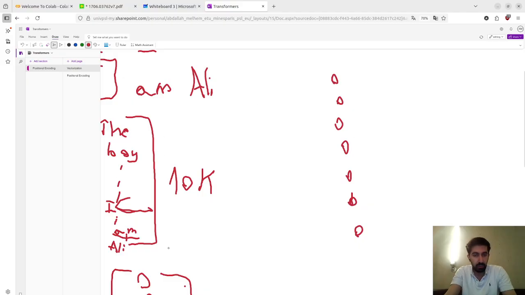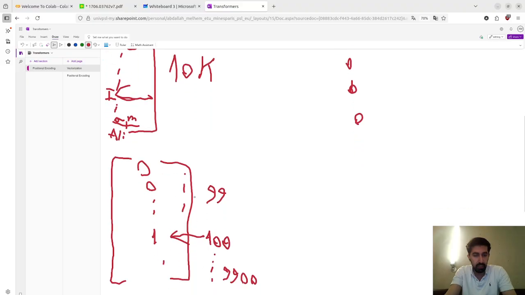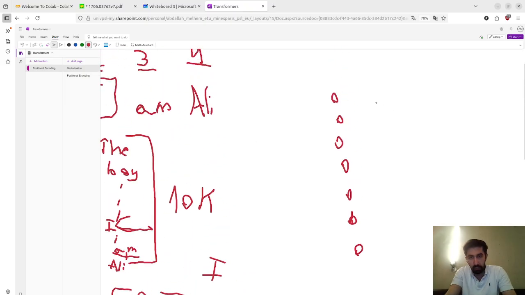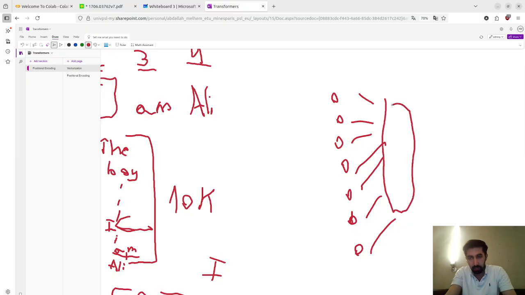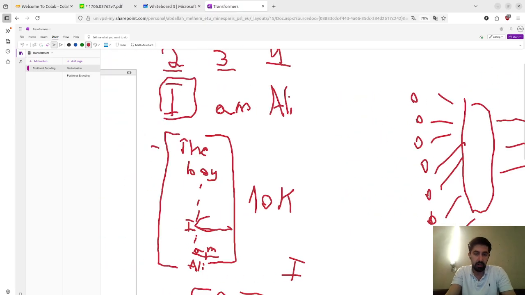We pass this one hot encoded vector, let's say I, which, as we said just now, is 0, 0, 0, 1 at position 100, then zeros everywhere. We pass it to the neural network, and this learnable neural network would output a vector of size 512, in this case, as explained in the paper.